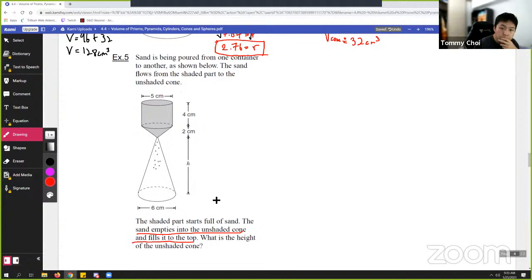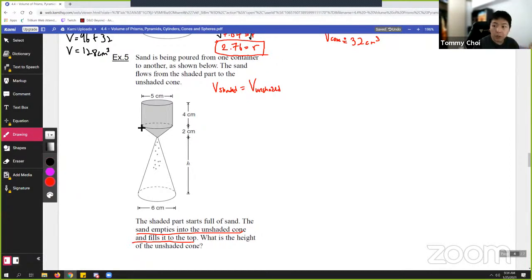Well, that means that the volume of the shaded area is equal to the volume of the unshaded area. If it completely fills the cone, yes, Milana's saying it. Perfect. It's exactly the same. It has to be, right? Because it fills it to the top. So the volume of the shaded is equal to unshaded.